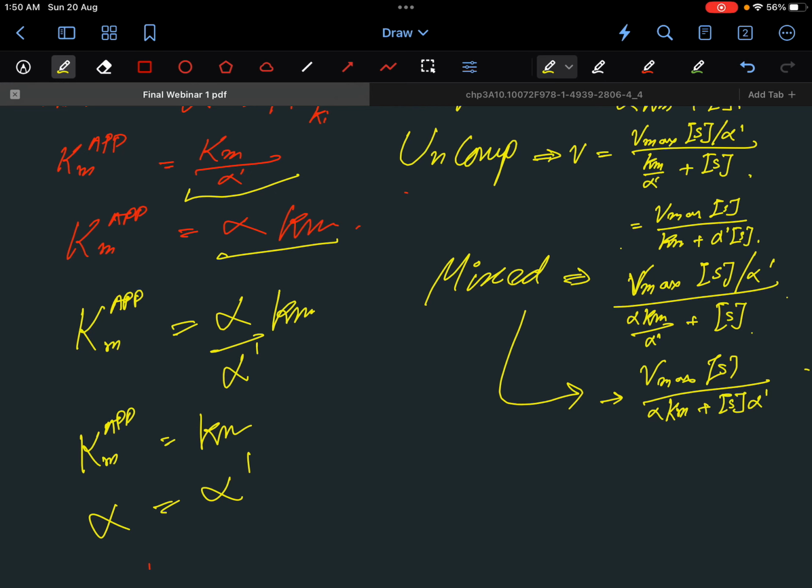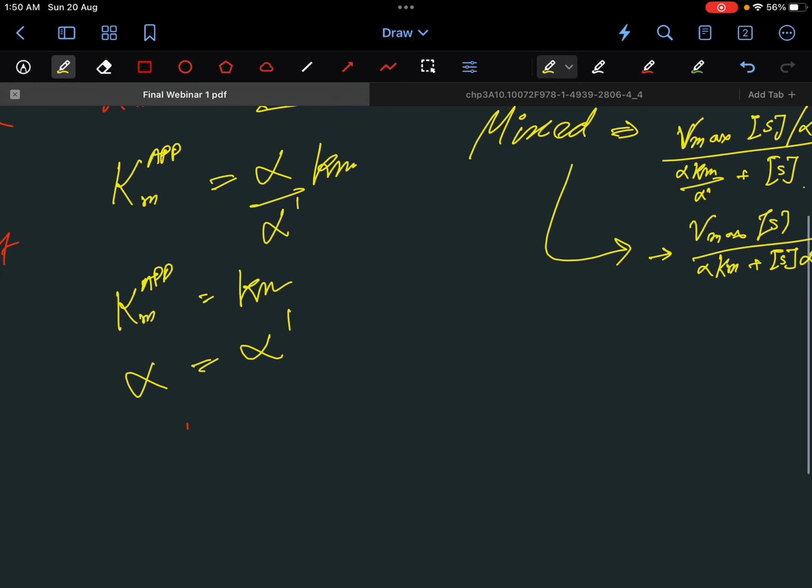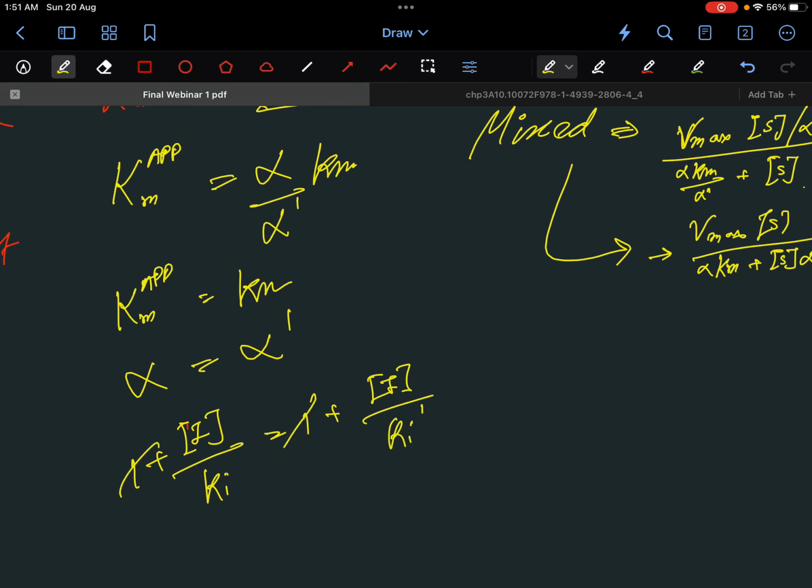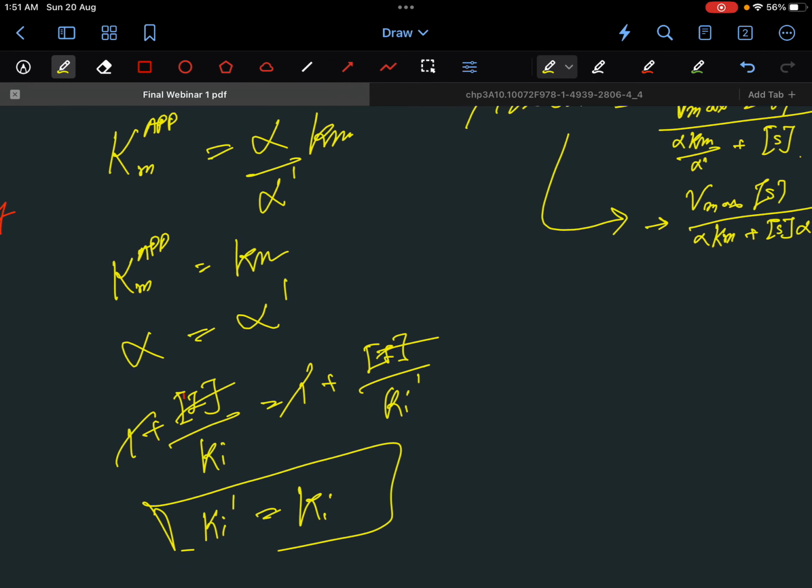What does it mean? 1 plus concentration of I by Ki equal to 1 plus concentration of I by Ki dash, right? This is the meaning of same, and this goes, and then I goes. So Ki dash equal to Ki.